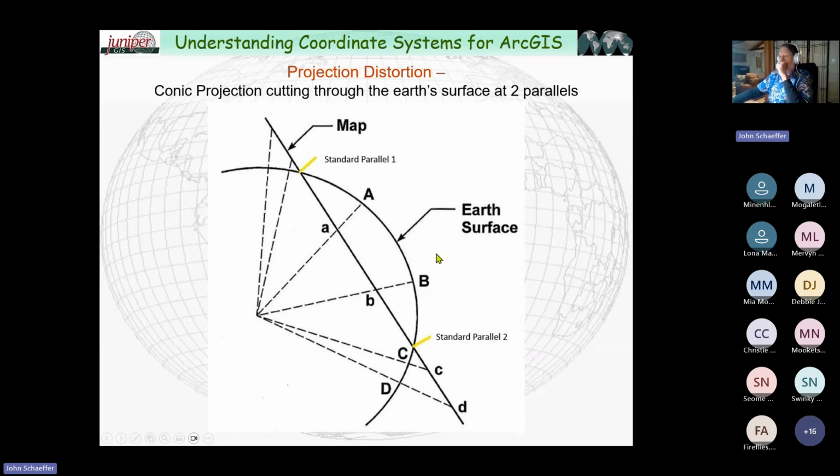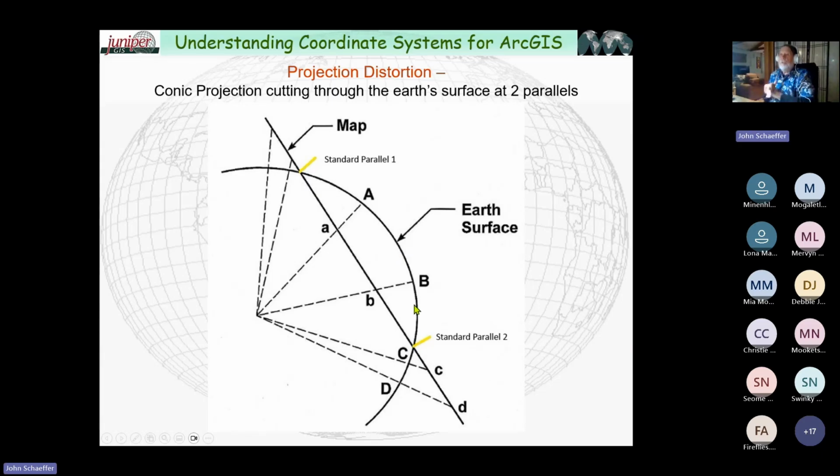As an example of distortion, A to B on the Earth's surface is quite long, but A to B on the map surface is shorter. If we get down to here, on the Earth's surface, C to D is short, but now we've got distortion with C and D being longer, okay? So it's just a kind of a vision of how the distortion works. And so when we design a coordinate system, we try to minimize that distortion.